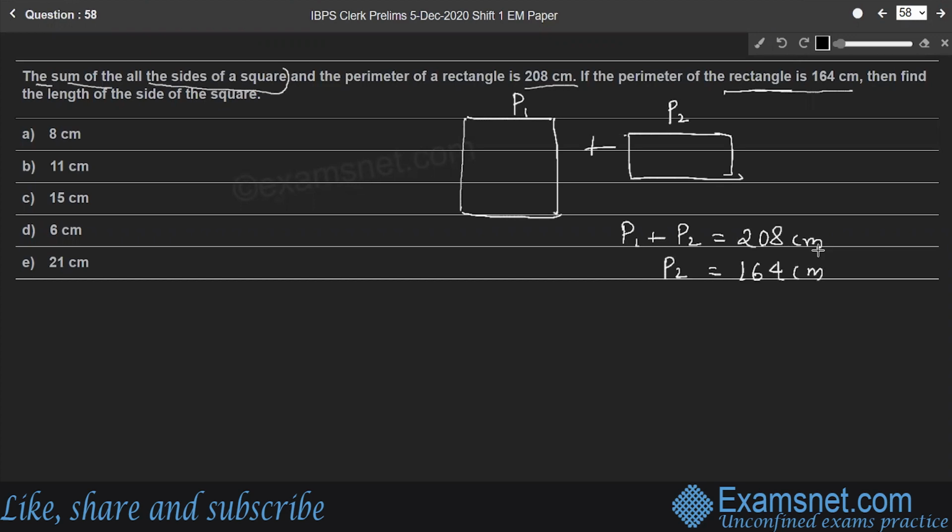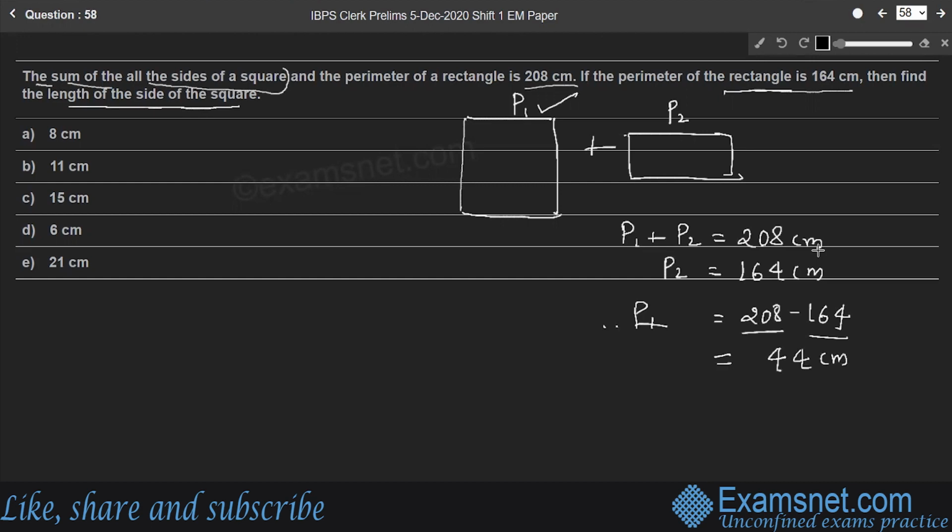So we have to find the length of the side of the square. Let us find the perimeter of the square, P1, which is equal to 208 minus 164. So total perimeter minus perimeter of the rectangle, right? Which is equal to 44 centimeter.